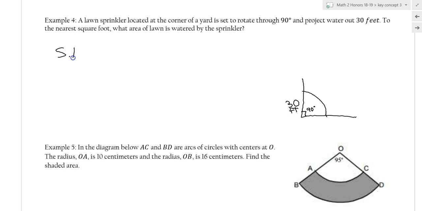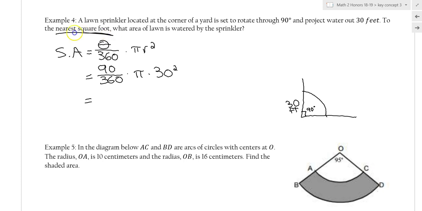So our sector area equals, this one does have an angle, 90 over 360 times pi times 30 squared.